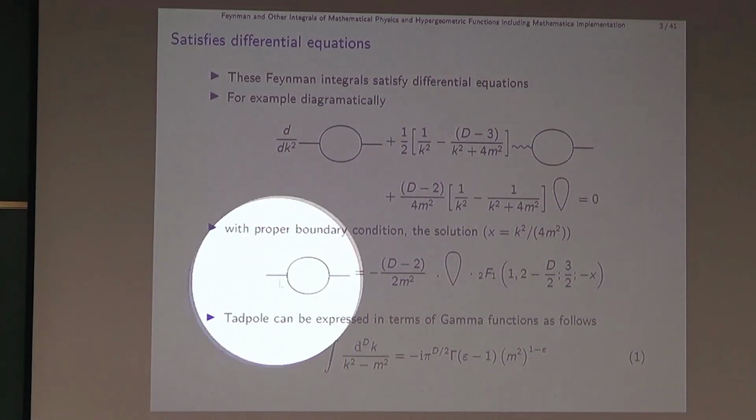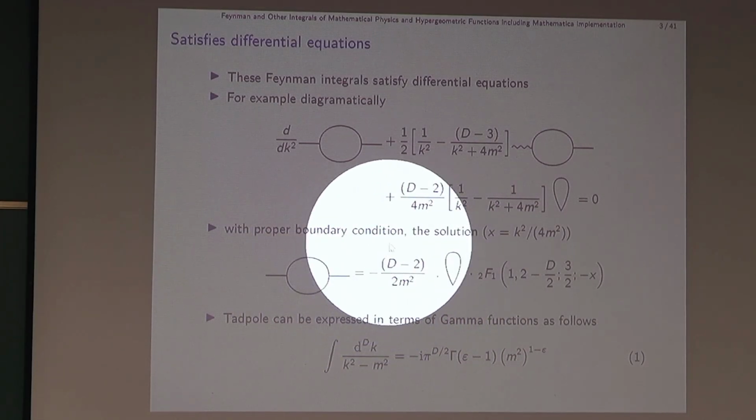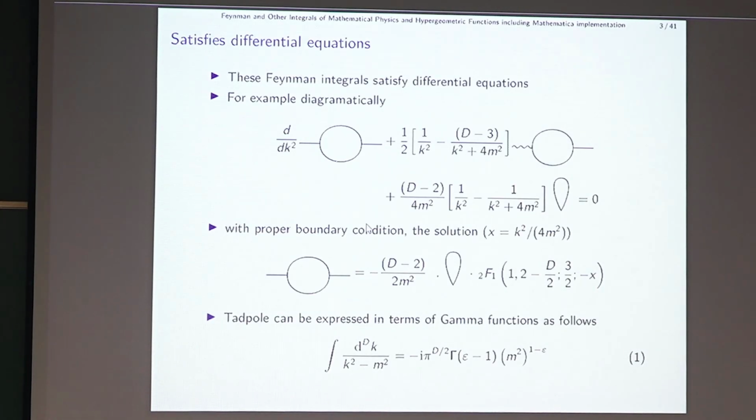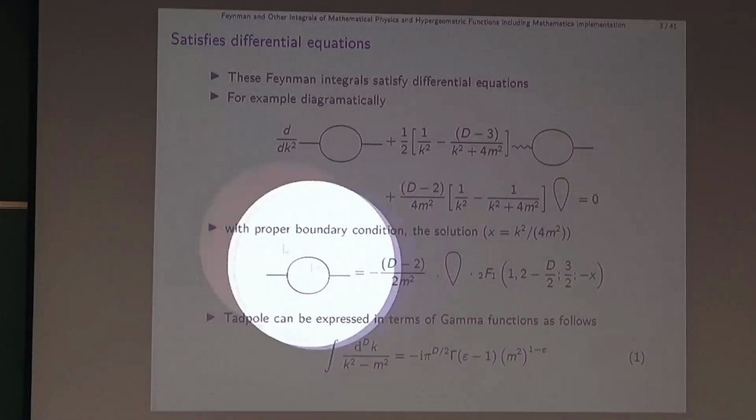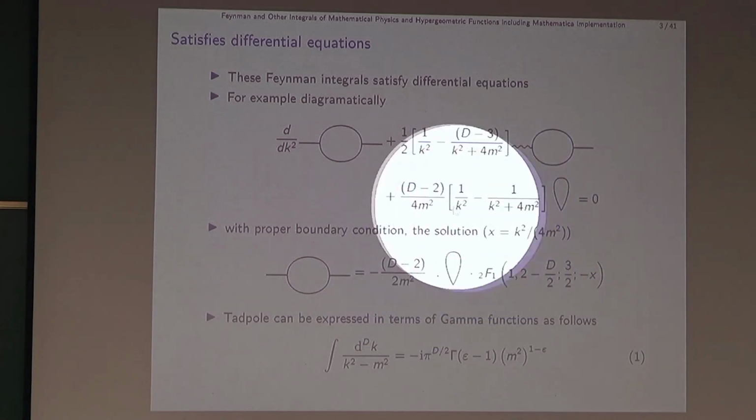And then it turns out that this one loop bubble diagram has certain factors like this, where d is the dimension. We don't evaluate it in 4 dimensions because these things happen to be divergent, so you don't want to deal with that divergence. So you just say, let me extend it to a number of dimensions called d, and then later I will let d go to 4, which is the physical case.